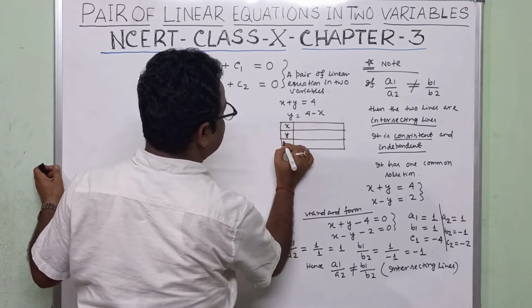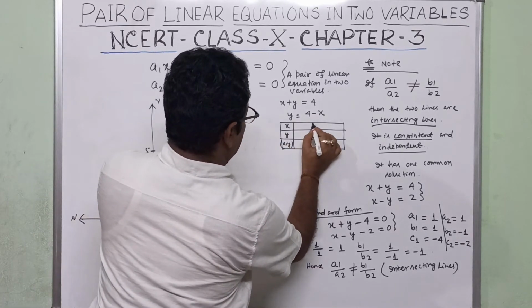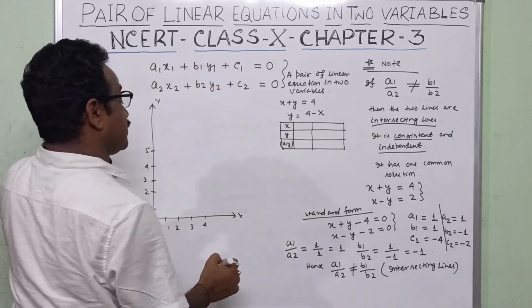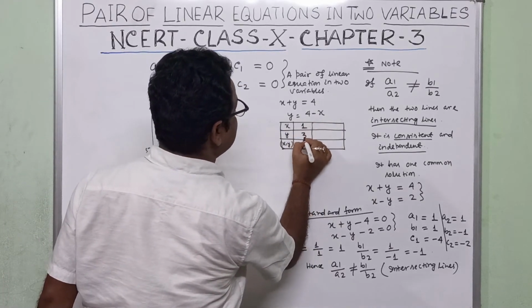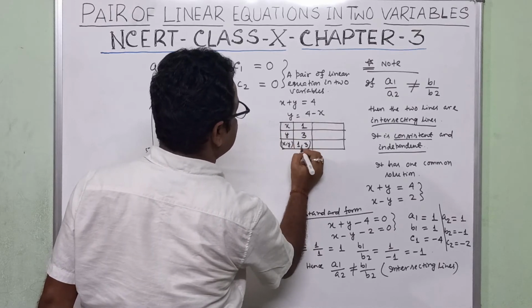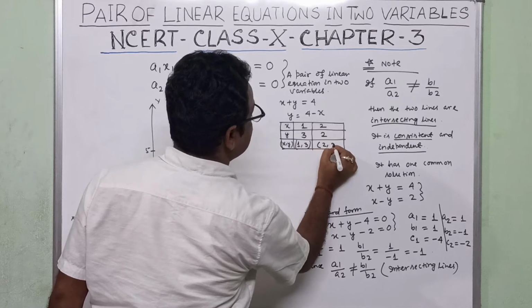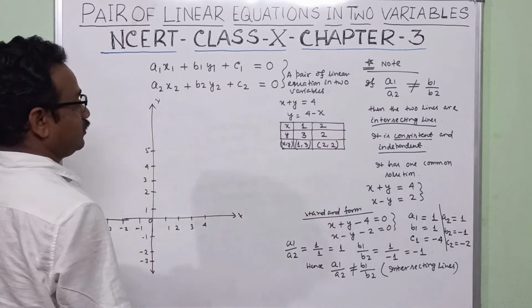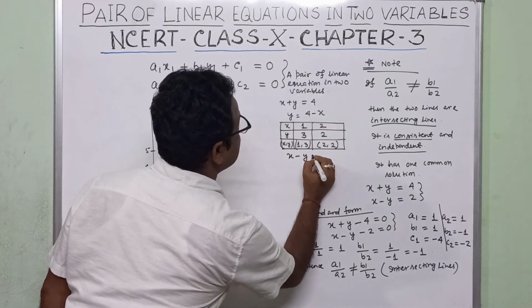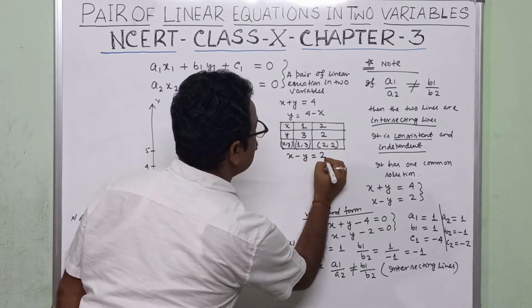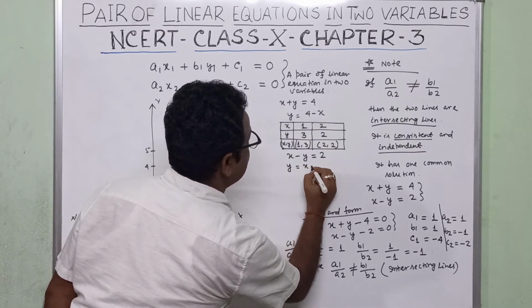x, y coordinates. Now any two points x and y. If x is equal to 1, y is 3, point is (1, 3). x is equal to 2, y is 2, point is (2, 2). Now the second one, x minus y is equal to 2, so y is equal to x minus 2.